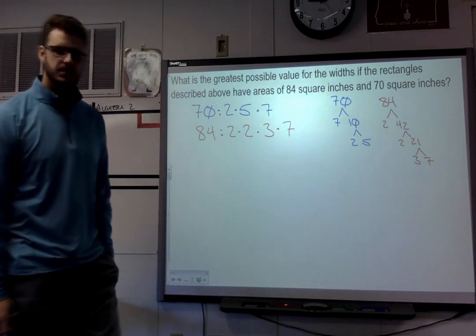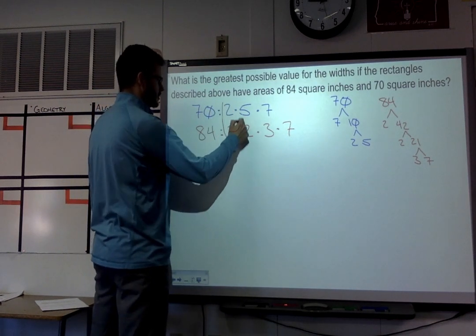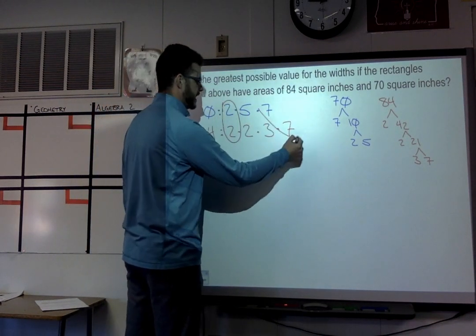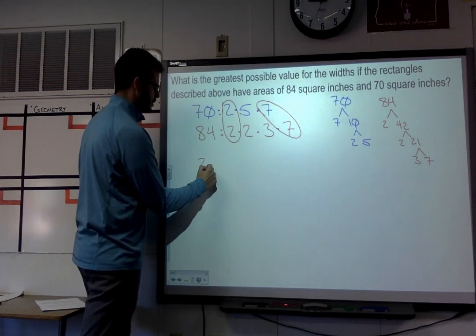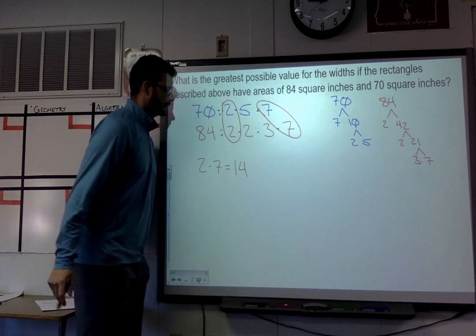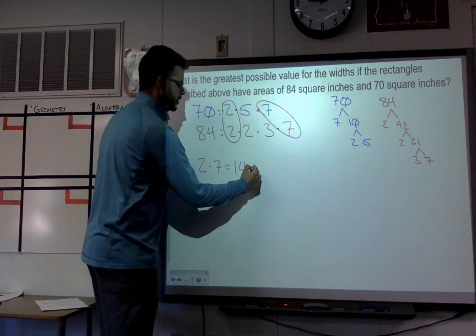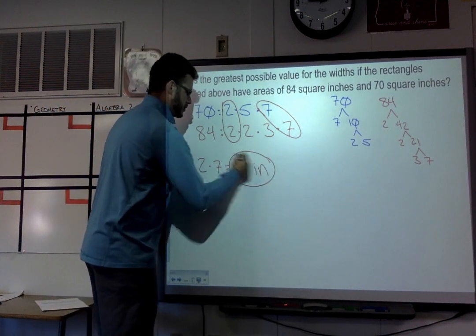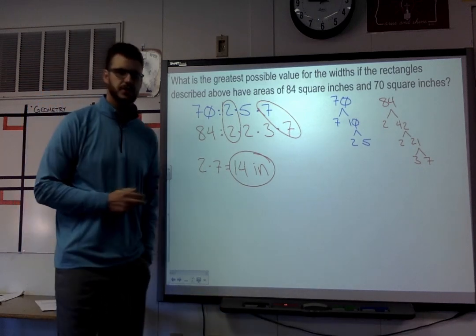Then just like we did before when we were finding greatest common factors, we're going to find everything they have in common. So here we would go 2 times 7, which would be 14. So 14 inches would be the greatest possible width that they could both share in common.